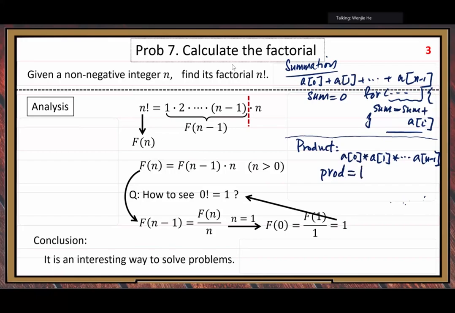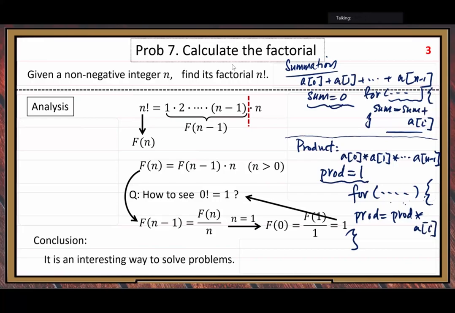Summation you initialize to 0, but for product you need to initialize to 1. Then in the for loop, you update your product variable by times a of I.